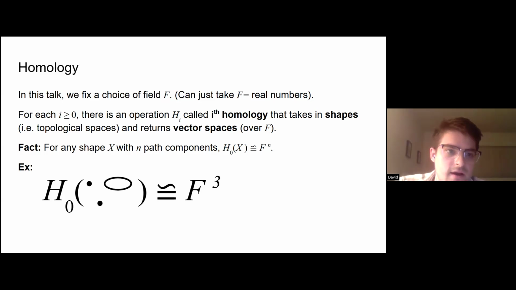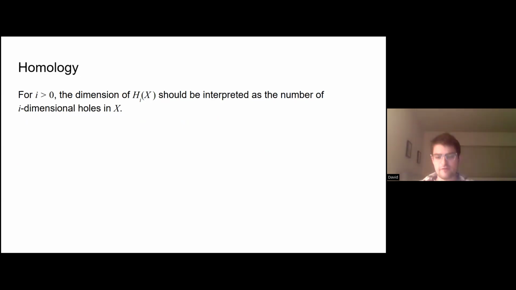Now what about positive i? There's no such nice theorem that quickly tells you what these things are.